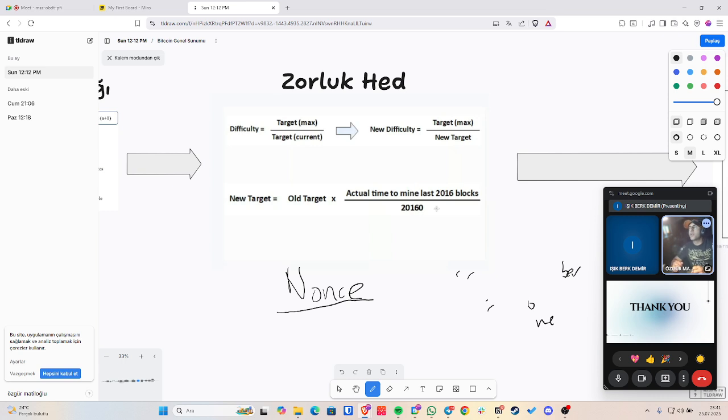So the nonce field is an arbitrary number, but it uses the gossip protocol. So what is the gossip protocol? Gossip protocol is the main infrastructure of torrent bases.